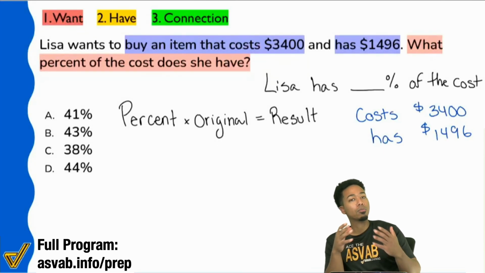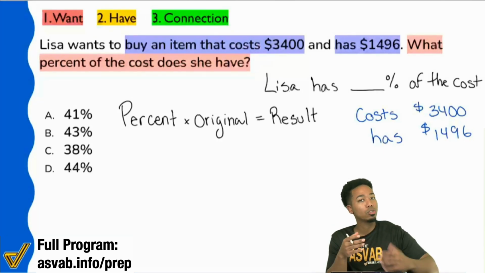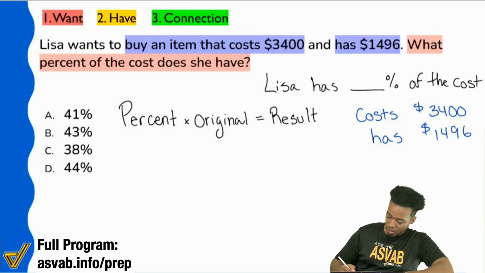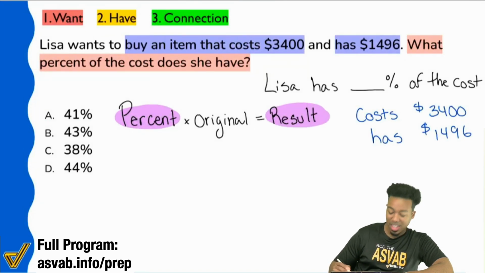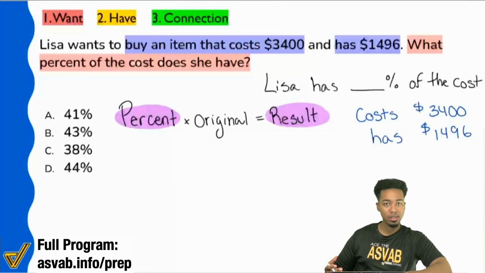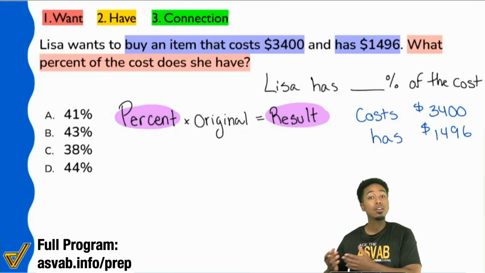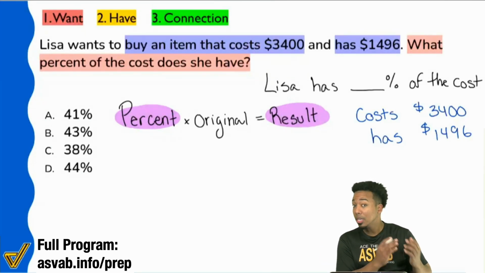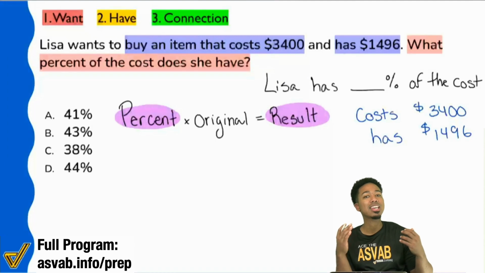Has anybody ever heard me in a percent class or any problem tell you that in your setup, your percent right here and your result represent the same thing? One is in the form of a percent, the other is in the form of an actual number, but they represent the same idea.